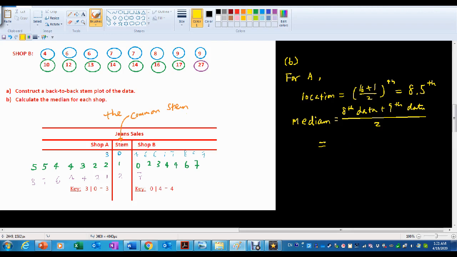Okay, so where is the 8th data? You need to find the first one, right? So for A, that's 3 should be the first data. That's 2 means 12 is the second, right? So the 8th, 1, 2, 3, 4, 5, 6, 7, 8. So it should be 5. And the 9th should be 21.